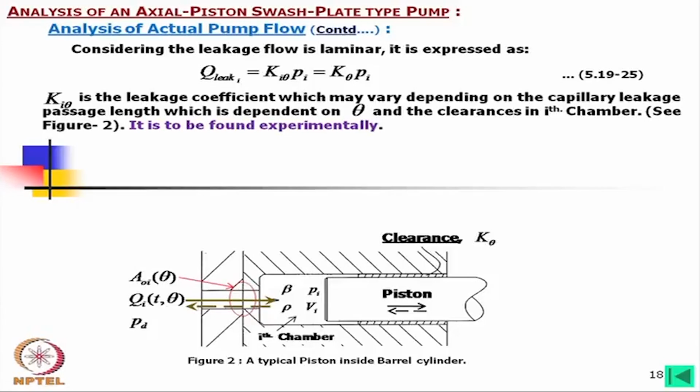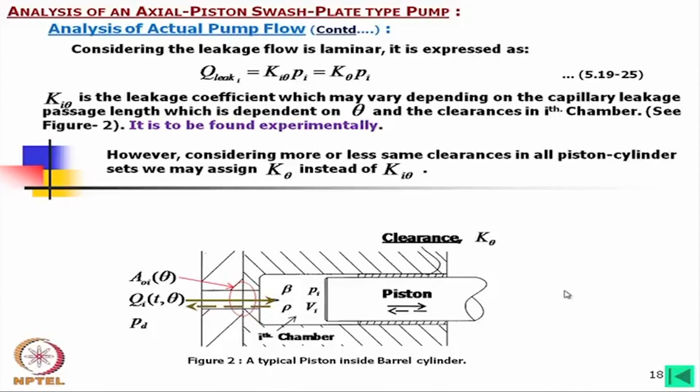Even for the same theta angle, if the length is equal for the pistons, depending on the clearance, this will vary. However, we may take this as almost constant. Considering more or less the same clearances in all piston cylinders, we can assign k i theta equal to k theta, which I have used simply as k theta.